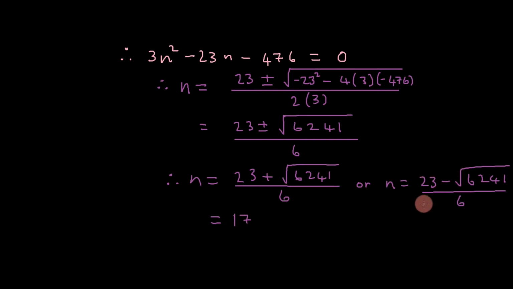Now, this other answer will be invalid, because n is the number of terms, it must be a natural number and it can't be negative. This will give us a negative answer and hence is invalid. So n equals 17 only.